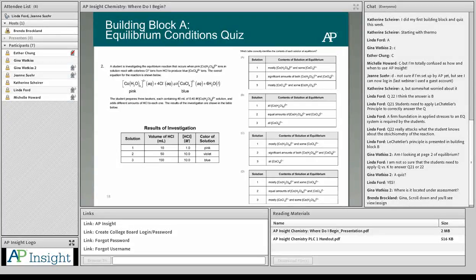Yes. Okay. And I think one of the hardest parts of this one is just the whole concept that students are really having to look at 3 separate solutions being altered and come up with their answers over on the side there.